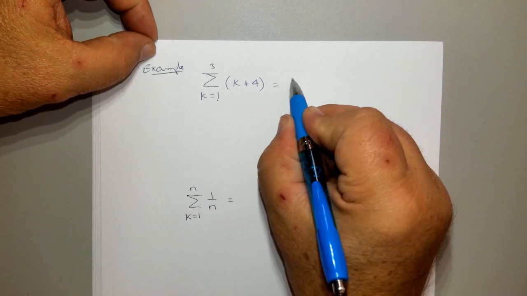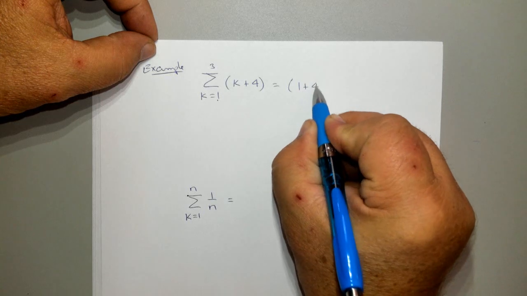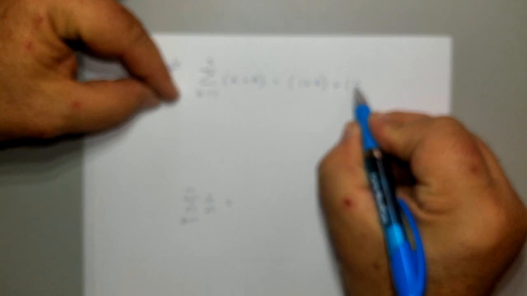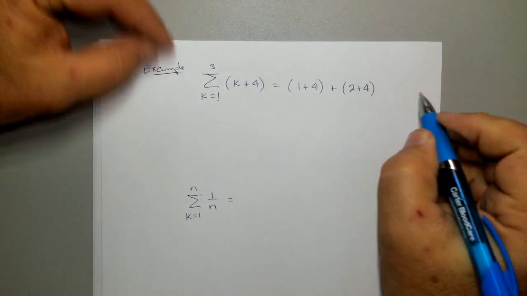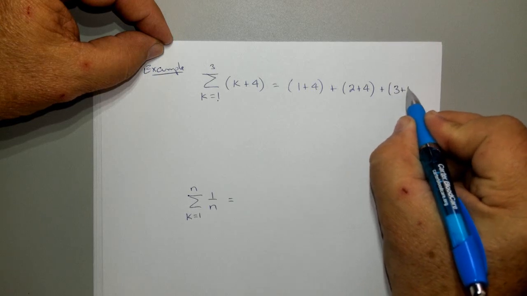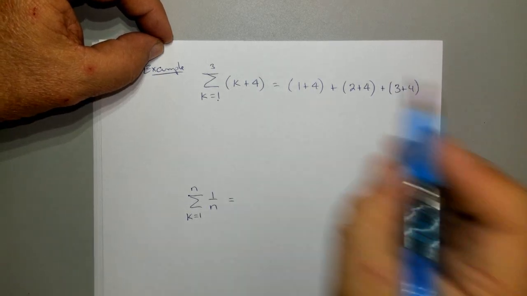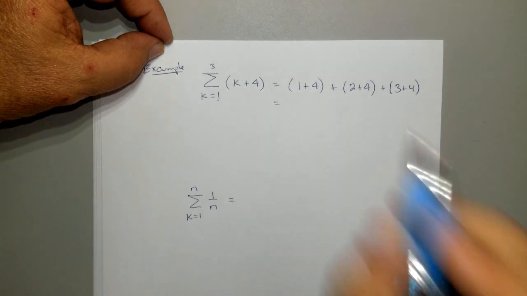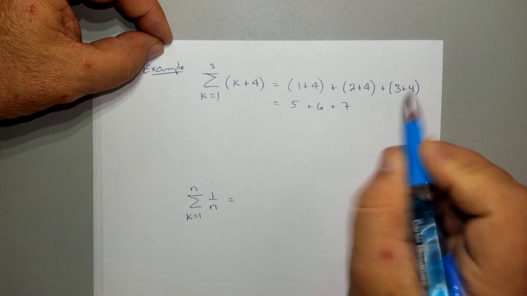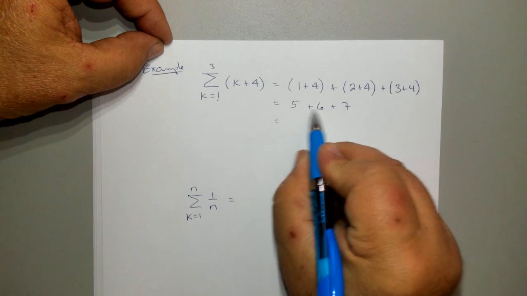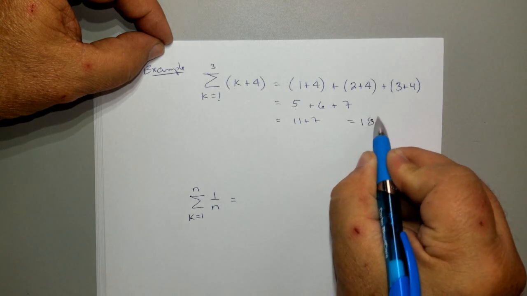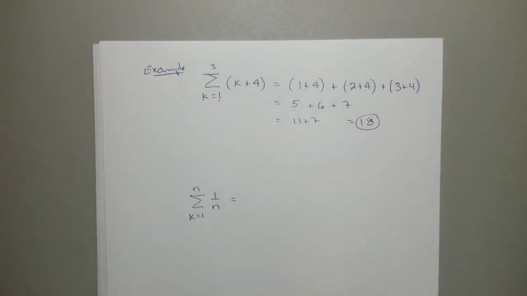So when k is 1, we have 1 plus 4. Next one, k would be 2. Third one. We're going to do it 2 ways. This is 5 plus 6 plus 7. 5 plus 6 is 11. That's one way you could have done it.